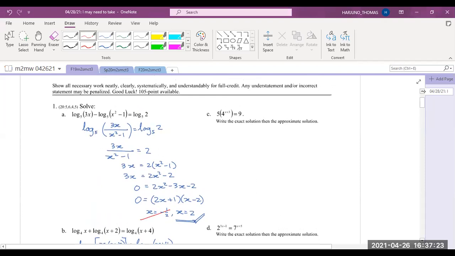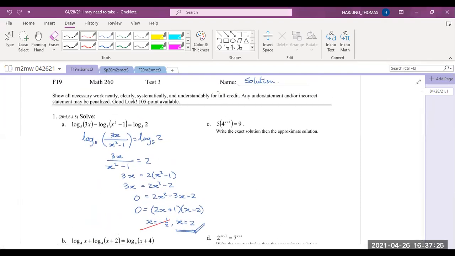Part C. This is an exponential equation. 5 times something equals 9. So 5 times 4 to the x plus 3 equals 9. Divide by 5 first. 4 to the x plus 3 equals 9 over 5.